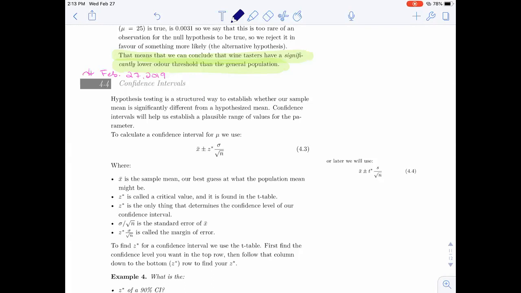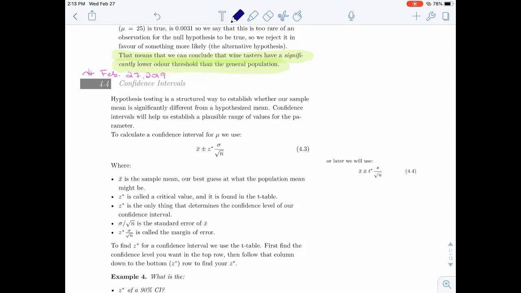But even if we decide it's less than some value, say we found the mean odor threshold for wine tasters was significantly less than for the general population, it doesn't tell us what the odor threshold might be for wine tasters. It just says it's less than the general population. Confidence intervals give us a range of plausible values where the population mean might be.